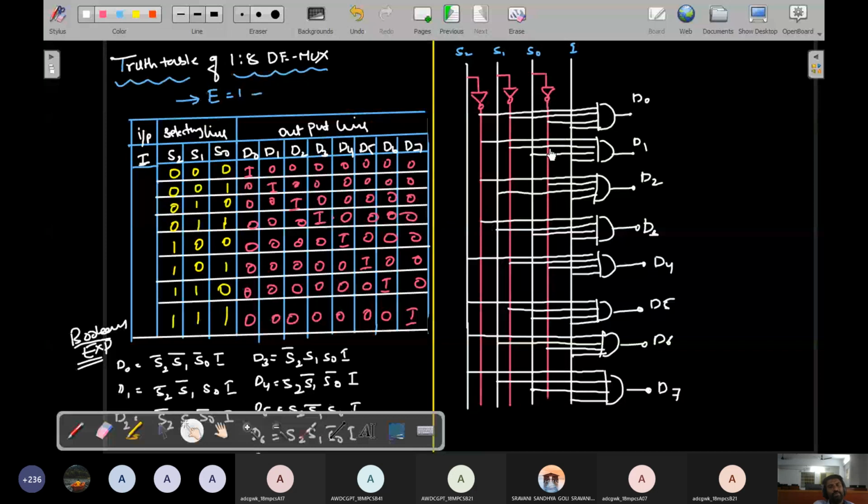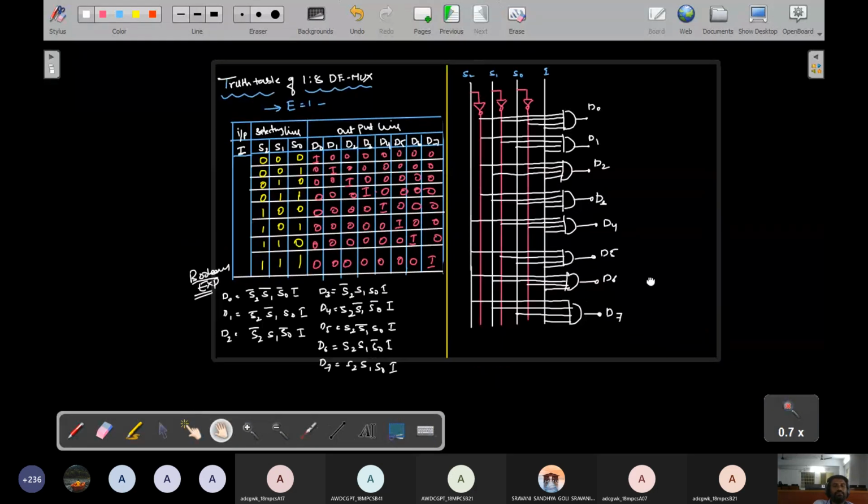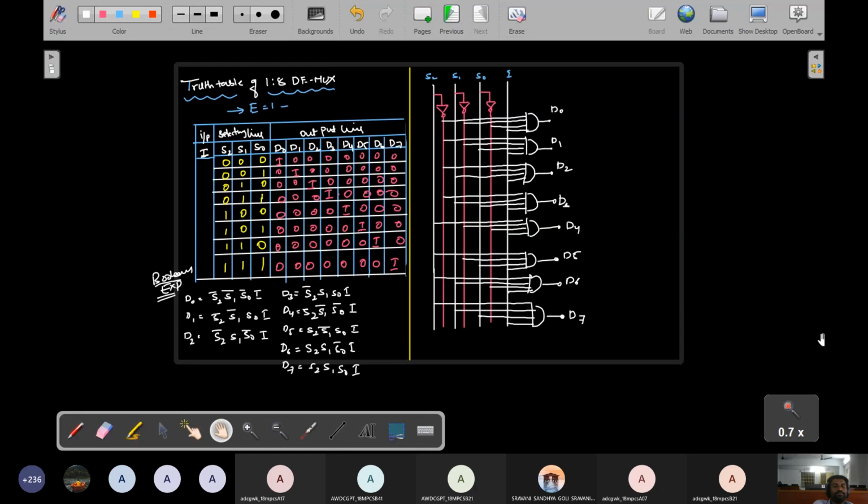If you want to represent enable also, you can draw it as the fourth terminal of the logic gates, with one single line representing the enable terminal. So please note, everybody.